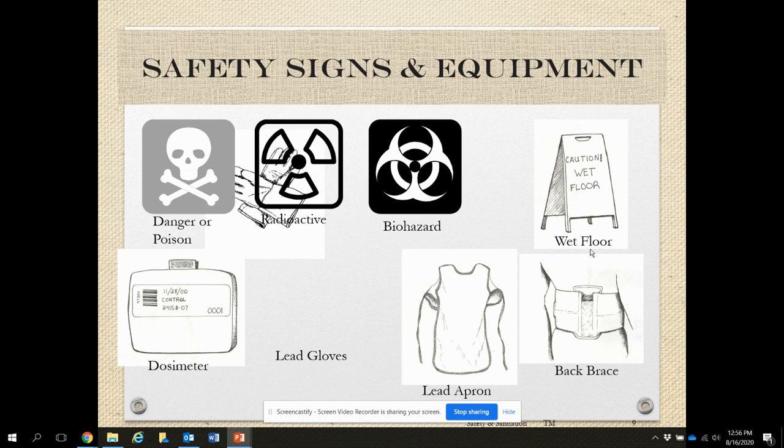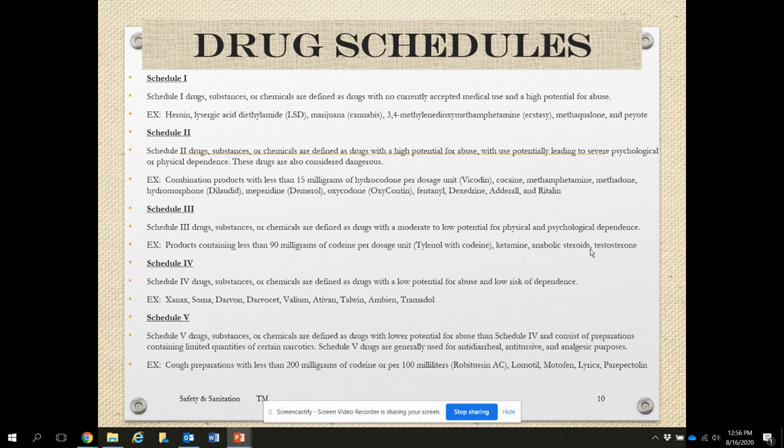Then we have the drug schedule. There are some drugs that are used for animals that are on this list. The same drugs that are used on humans can be used on animals. Schedule 1 drugs are defined as having no current acceptable medical use, and they have a high potential for abuse.